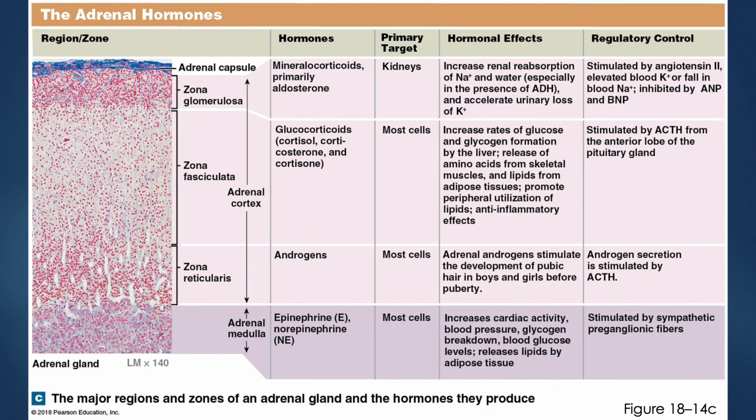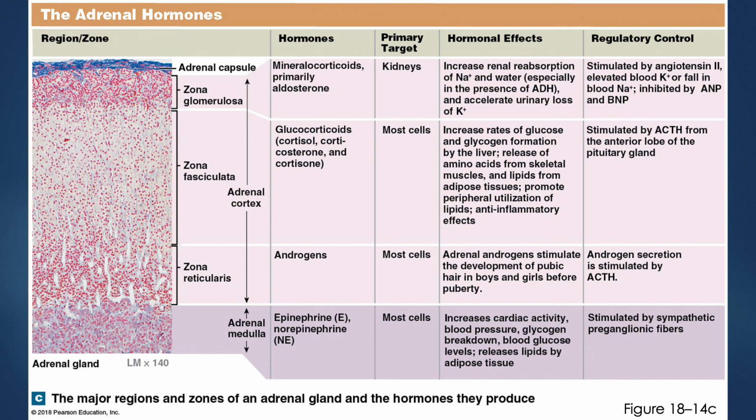Figure 18.14 is a fantastic study reference for you to review the different areas of the adrenal glands, what is produced where, and what the effect of that is. Starting at the top, we have the zona glomerulosa, the most outer aspect of the adrenal cortex. It produces mineralocorticoids, mostly aldosterone.